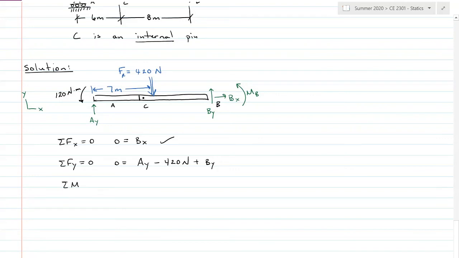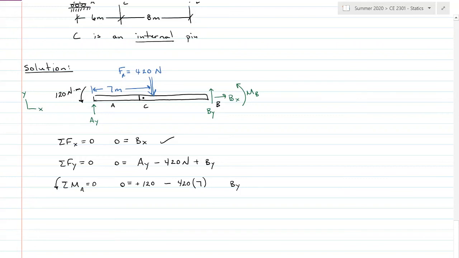And then I sum moments about A. And remember, moment couples are always in the equation. So that 120 Newton meters is there. It's counterclockwise, so it's positive. And then AY acts at A, so there's no distance, no moment. Then I have resultant force, 420, and it acts at 7 meters from A, and it's causing a clockwise rotation.